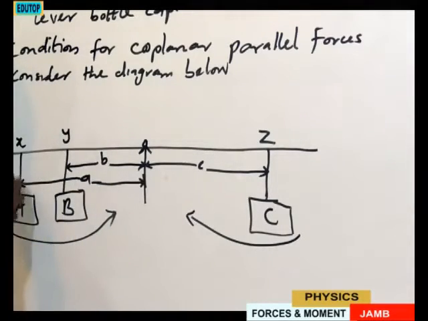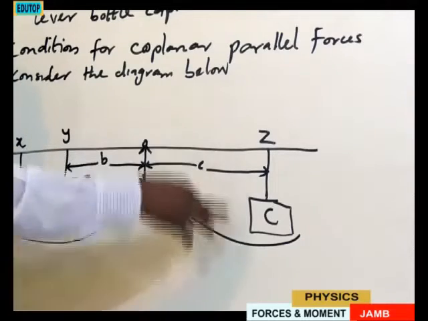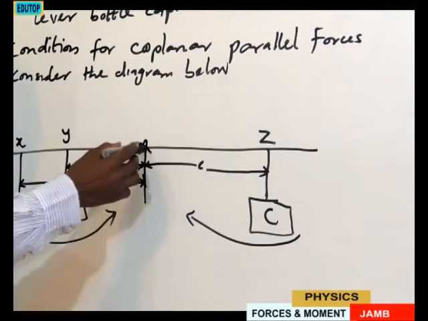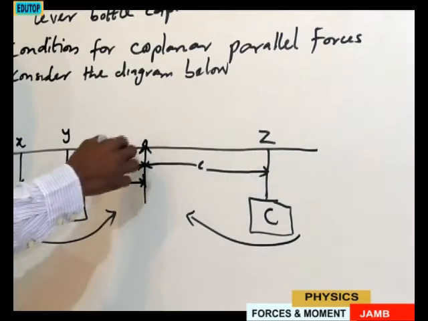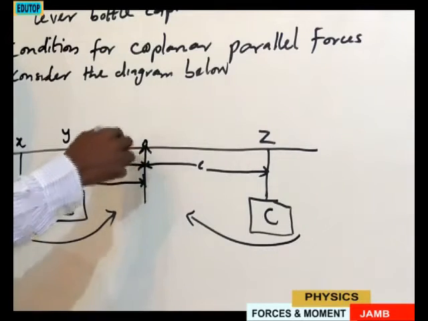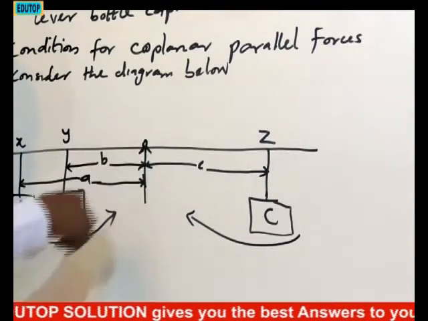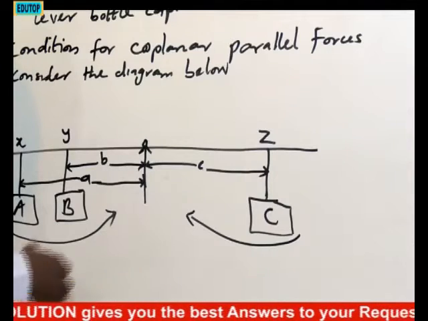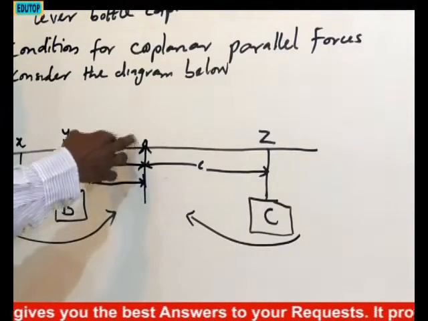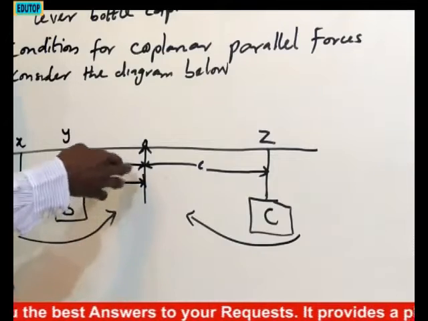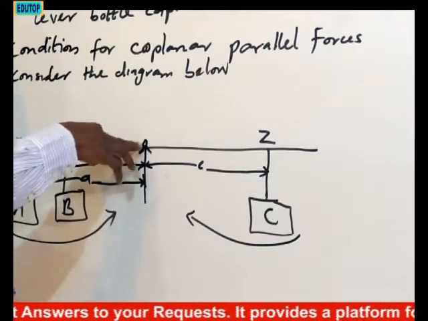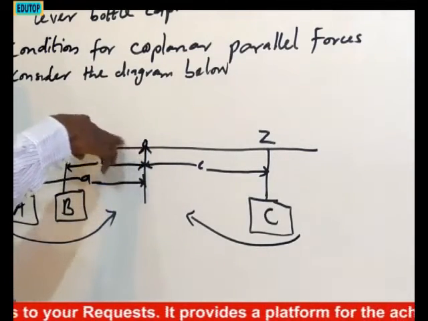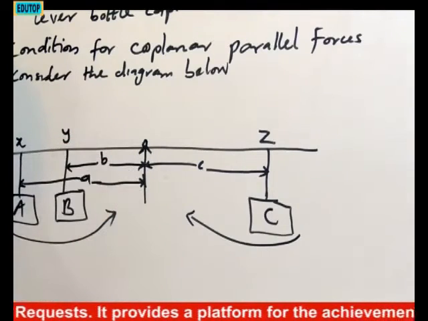We have A, B, C, and the weight of the body is acting at the center. That is what we call the center of gravity. The weight of this body is concentrated at the center.